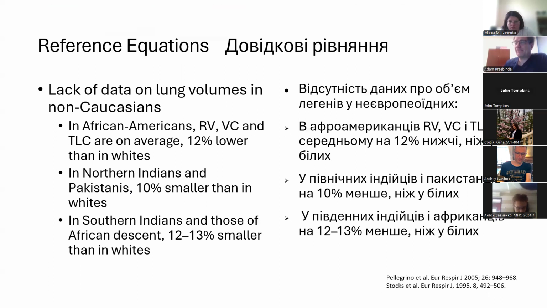The data is probably best established in Caucasians, and the data on lung volumes in non-Caucasians is a little bit harder. We don't have as many data points. As I mentioned before, in African Americans of the same height, the lung capacities are about 10% lower than in whites or Caucasians, because at the same height the leg length is slightly higher, which means the chest height is slightly lower.